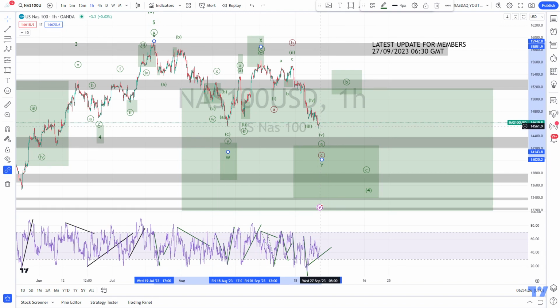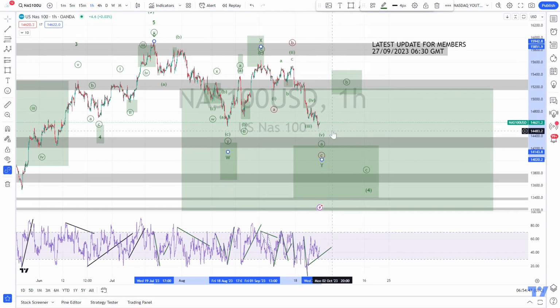Do we go in three waves? If we go up in three waves, then it is corrective, and then we have the primary scenario. If we go up in 5 waves, 1, 2, 3, 4, 5, then it's an impulse, and then this impulse could be the beginning of a new cycle.